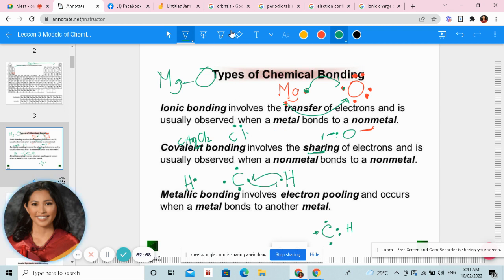When we write on each side, 2, 3, 4, 5, 6, then 7. So this electron from carbon will be shared to Cl, and the electron from Cl will be shared to carbon, forming another bond.